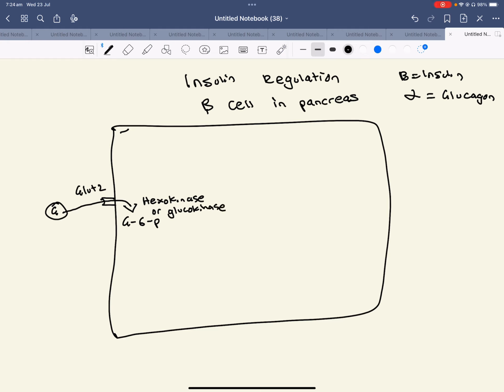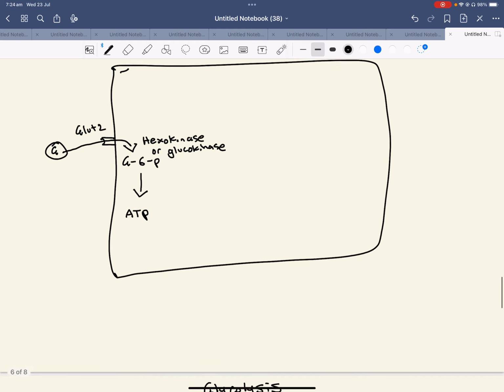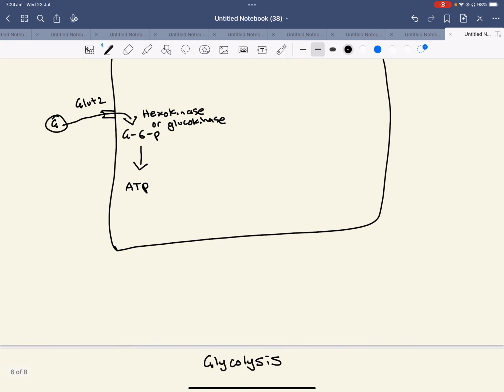Okay? Then we convert this to energy, ATP, a form of energy, eventually reaches energy. And this increase in ATP triggers potassium channels. So that would be step 1, this would be step 2, this I would consider step 3.